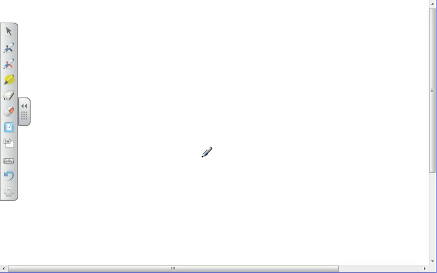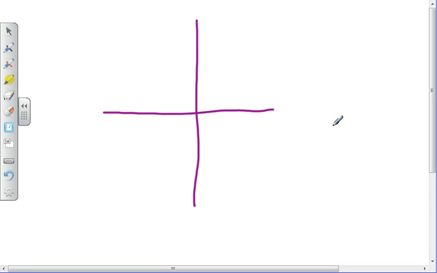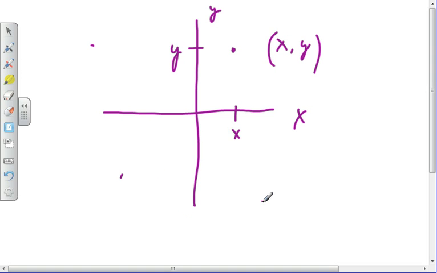Anyway, back to here. What we're going to do is take an XY coordinate system. Well, it'd be too hard to get a real XY coordinate system. We're going to have some point in it, and we're going to call it (x, y). It could be anywhere in here, over there someplace or down there someplace.